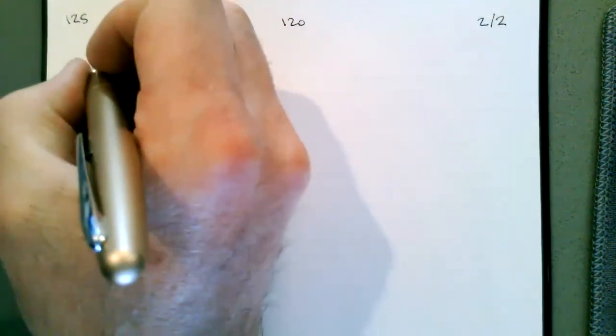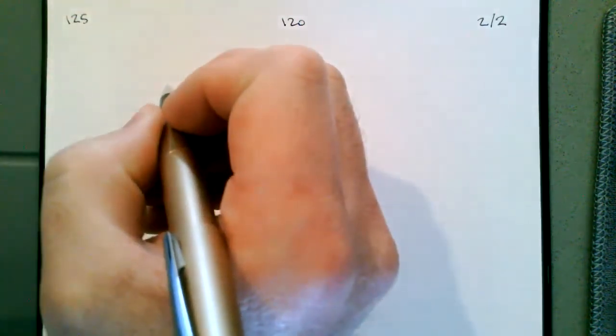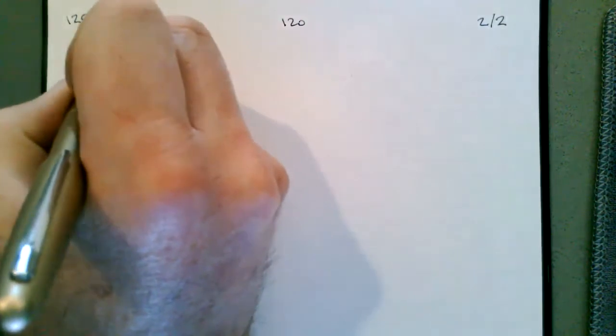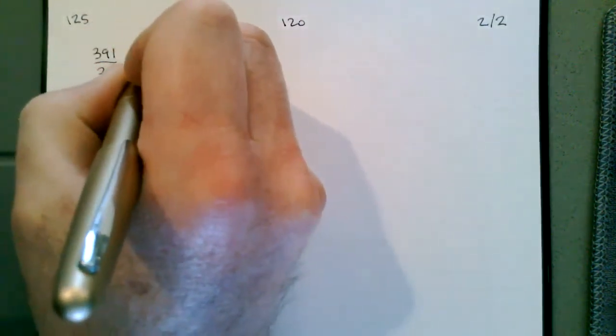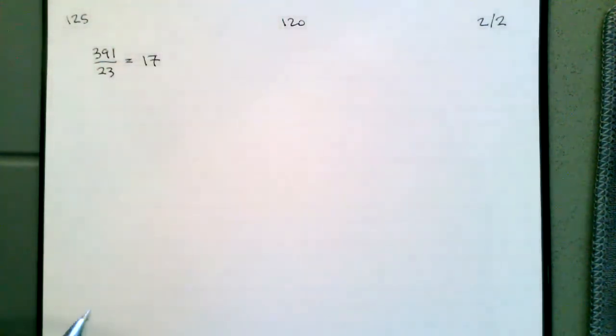Let's suppose that instead of 391 over 23, so we know that 391 divided by 23 is equal to 17. That's facts that we have in evidence.